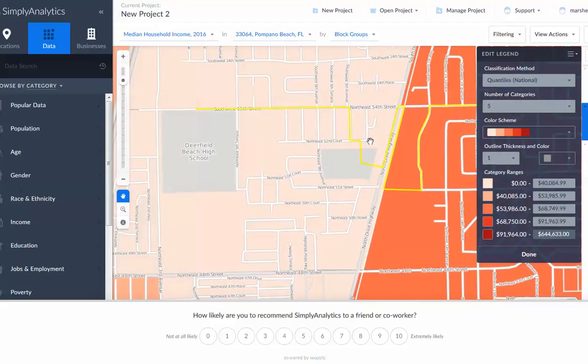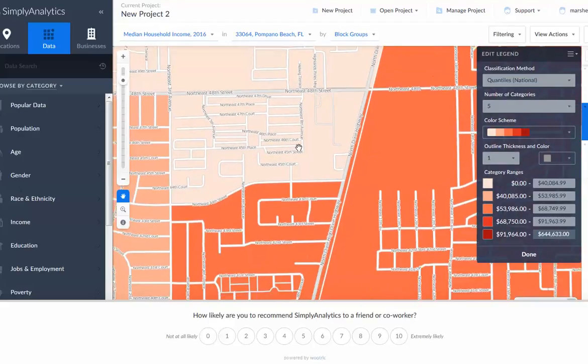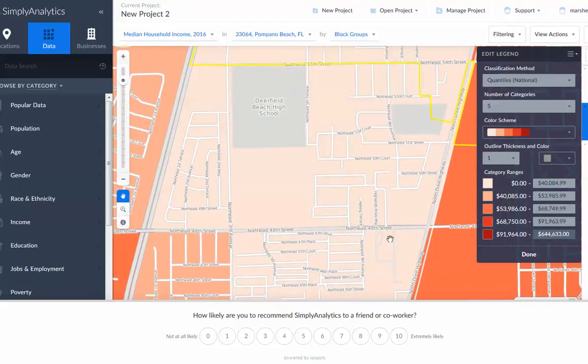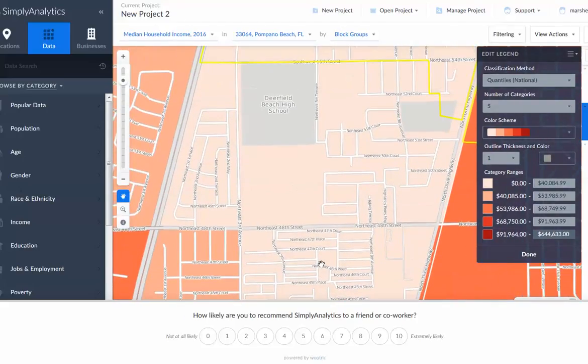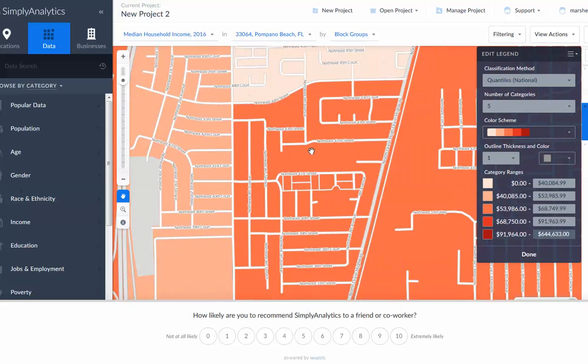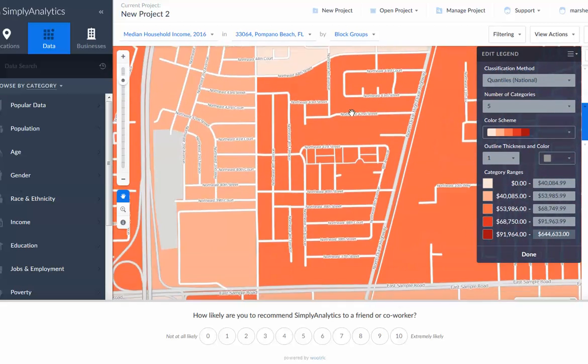And I know that over here, when we go across North Dixie, we hit some lower income areas. And by lower income, I mean 40 to 53. These are medium income families, but they probably don't have quite as much to spend on a luxury item, right?